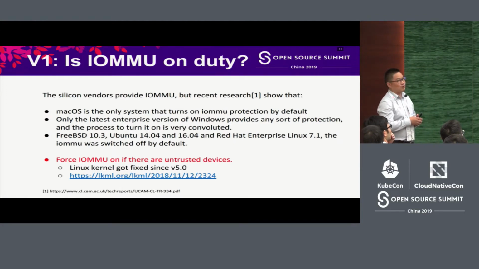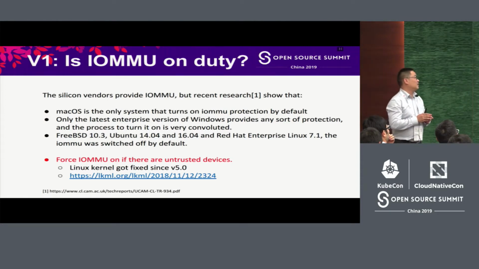In fact, I'm citing a PhD research and thesis from Cambridge University, and he discovered that on FreeBSD, macOS and these platforms, only macOS can actually fend off all the attacks, and not the other platforms.